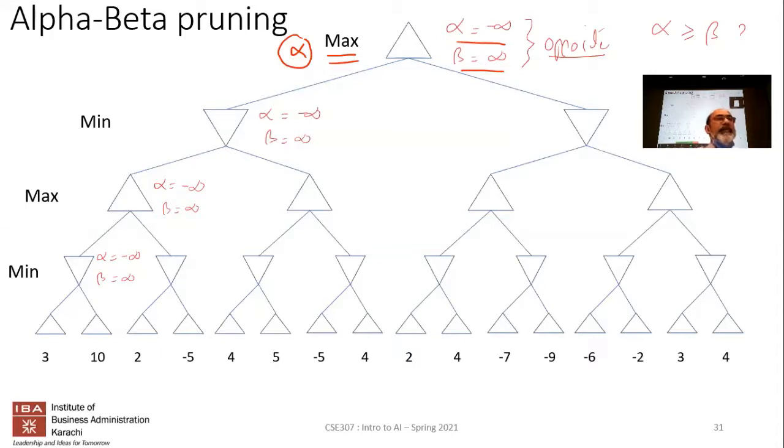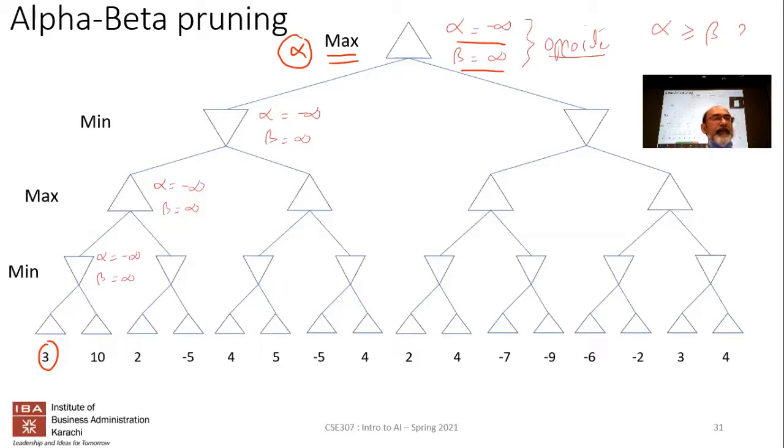So you start off at -infinity, and slowly it's going to go upwards and upwards, and will reach some value which will tell you the max value. In this case, if you work it out, the answer, which I'm telling you beforehand, will be 3. So alpha will eventually come up to +3.